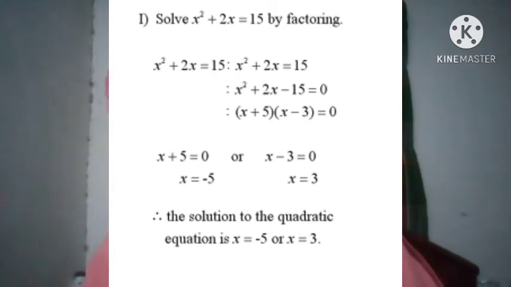From the equation we have x plus 5 equals 0 or x minus 3 equals 0, and then we have the answers x equals negative 5 and x equals 3. So the solution of the quadratic equation is x equals negative 5 or x equals 3. And then we go to the second example.